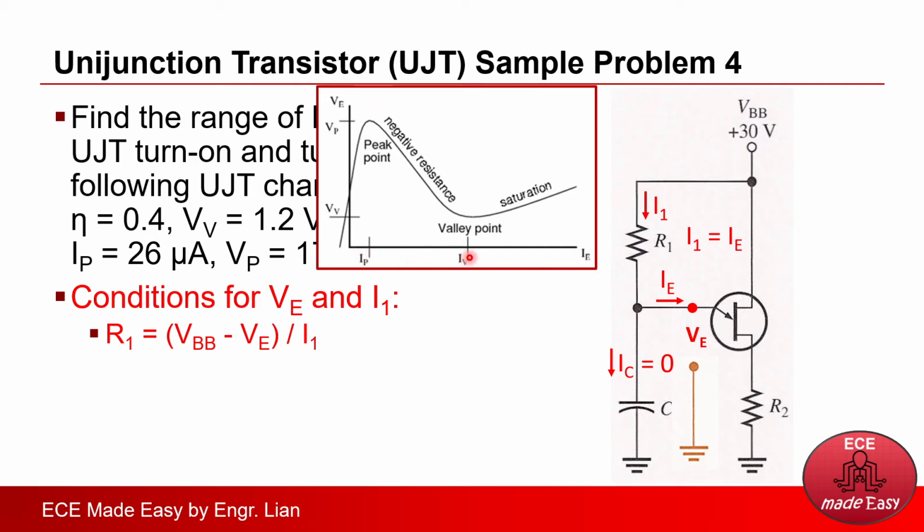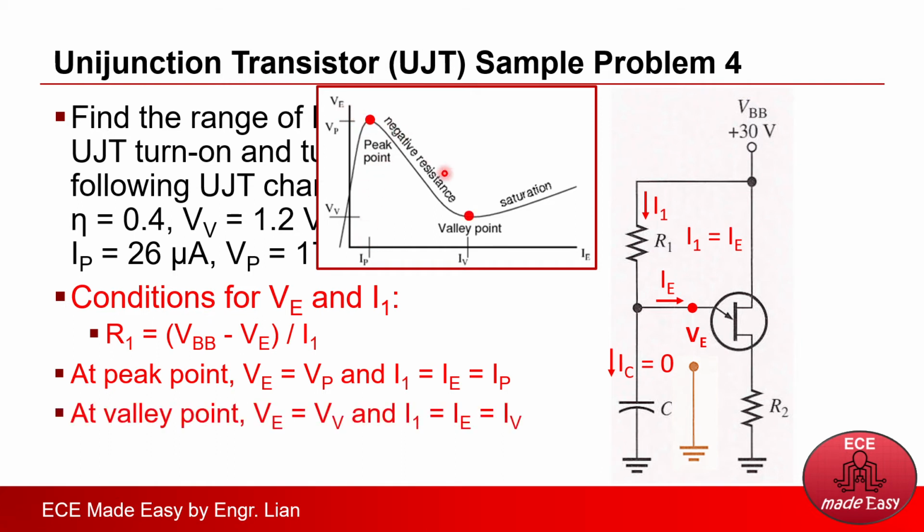So for the first condition, at the peak point, VE is equal to VP and IE is equal to IP. And at the other point, at the valley point, VE is equal to VV and IE is equal to IV. We will be using these conditions to get the maximum and minimum values of R1.